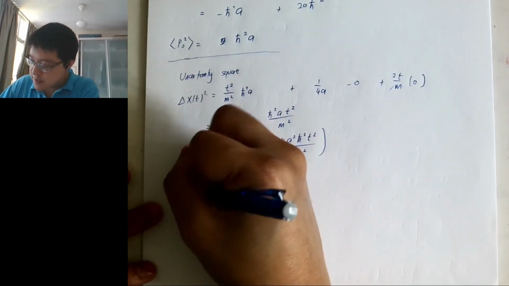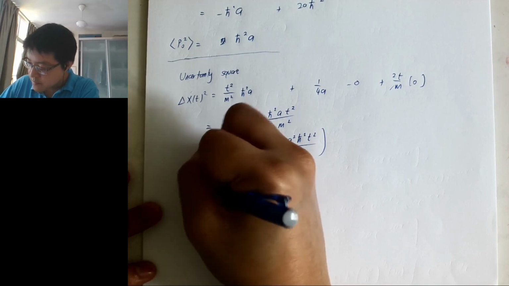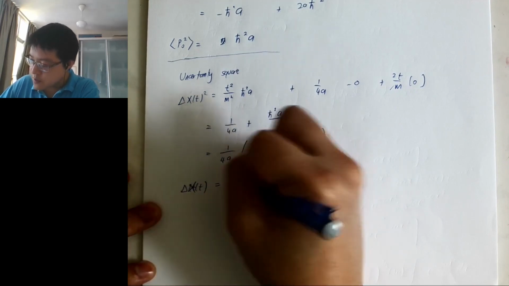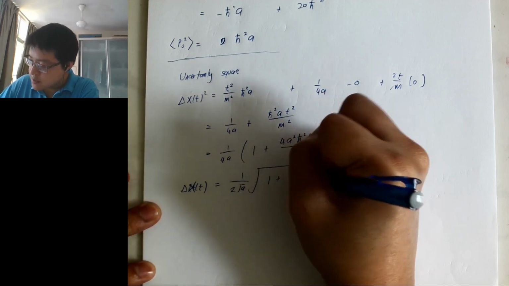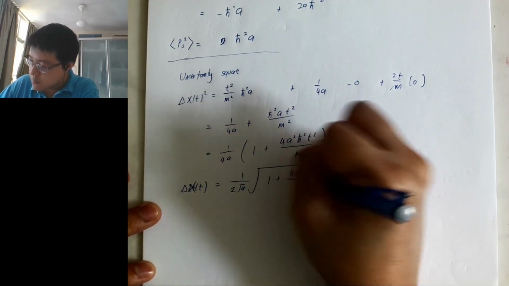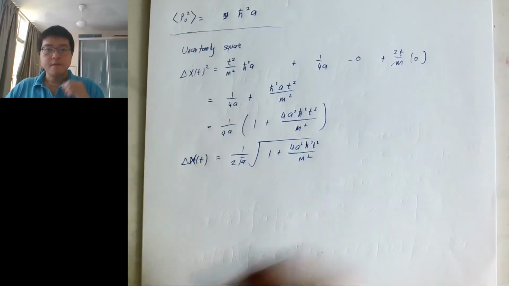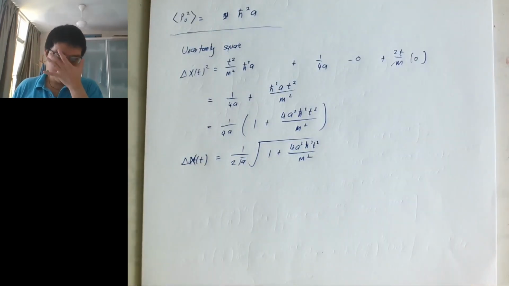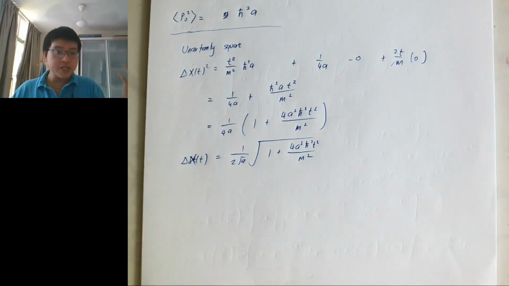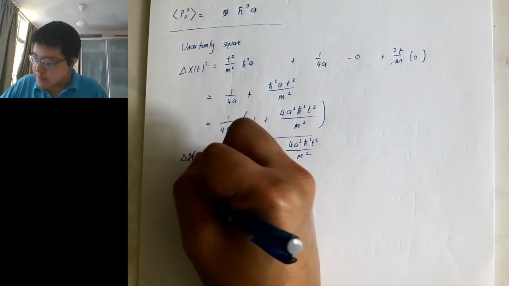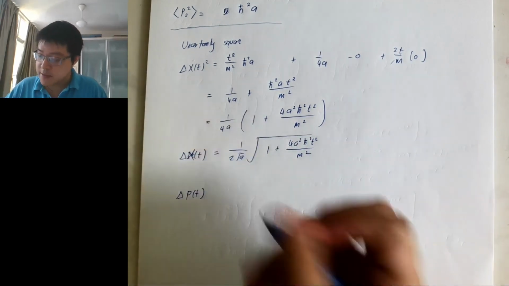So the uncertainty itself is taking the square root. So I got 1 over 2 root a, times the square root of 1 plus 4a squared h bar squared t squared over m squared. Okay. So that was the uncertainty in x, and we can now check the uncertainty principle because we have the momentum uncertainty. This one is easy, right?